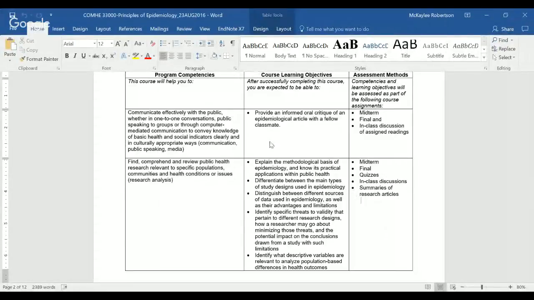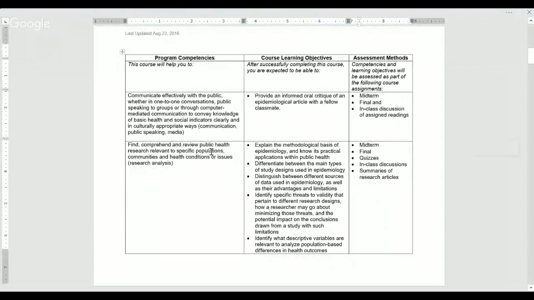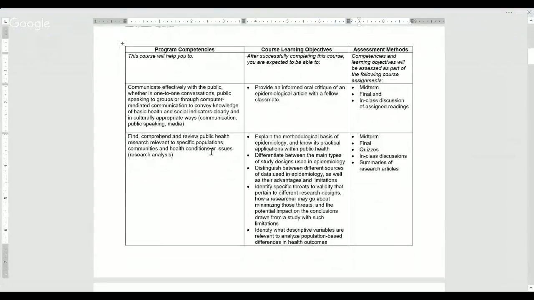Program competencies and course learning objectives. You can go through these in detail, but basically this course is about explaining epi methods to you, and it is very introductory. Some students think that they're going to come in and learn about diseases, and we are in fact going to talk about diseases, but this isn't a biology course.